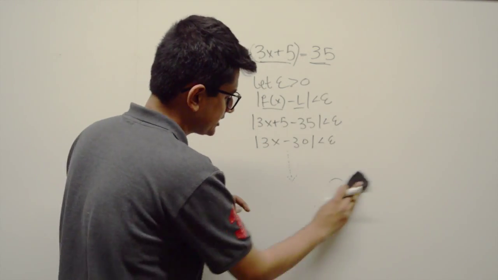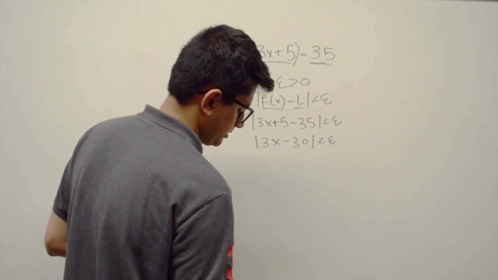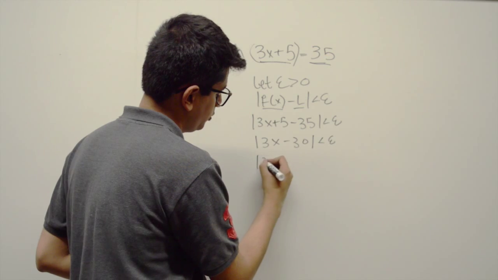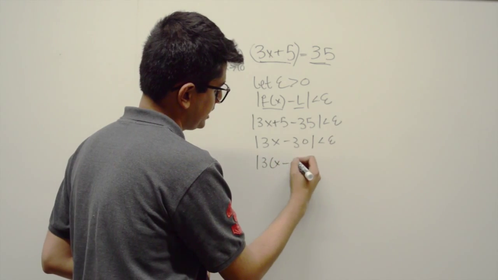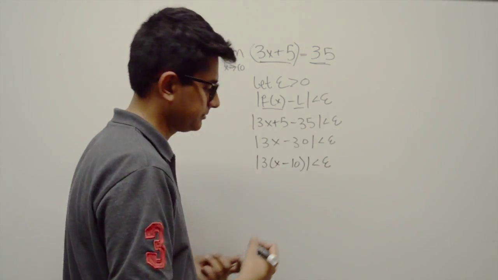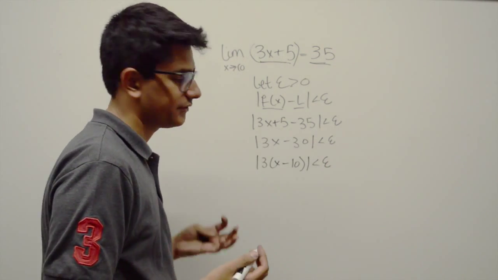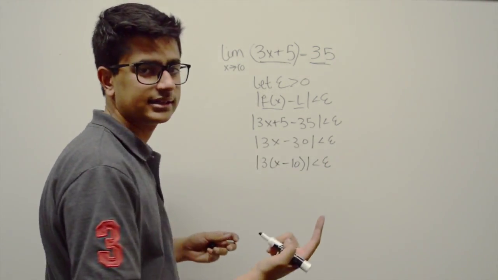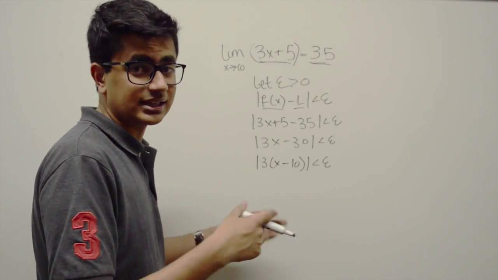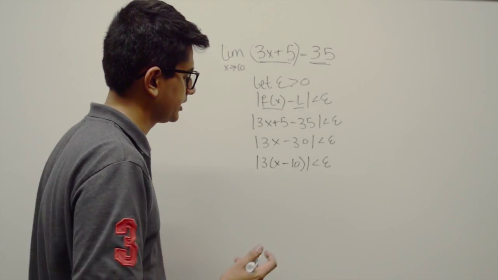To bring it to x - 10, we can first factor out a 3, so we get |3(x - 10)| smaller than epsilon. This will be different for every question; you can factor out a 3 in this question, but you might not be able to in another question.